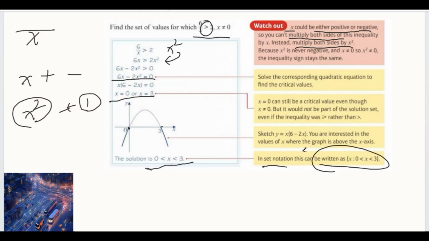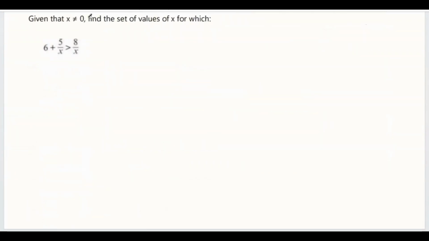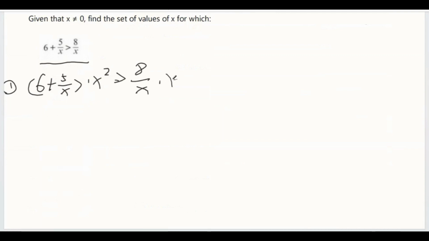Let's quickly do an example. Given that x can't be 0, find the set of values of x for which 6 plus 5 over x is greater than 8 over x plus x squared.